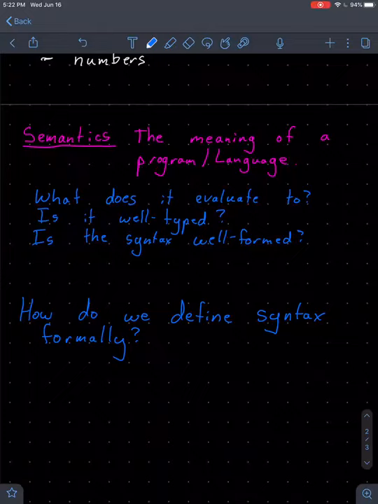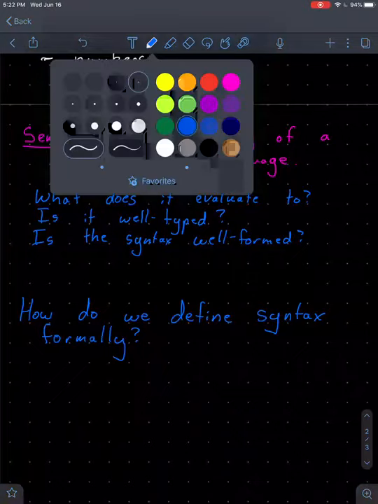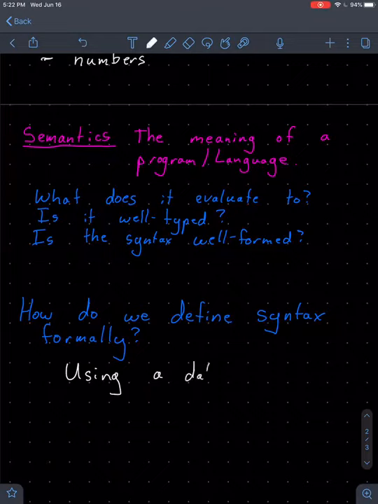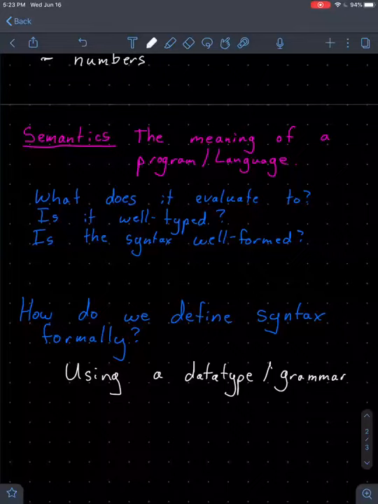Or in the form of a grammar is the other word we use. So using a data type. Now you can see where the word grammar comes from. It's the grammar of a language, right? That's why these are interchangeable.